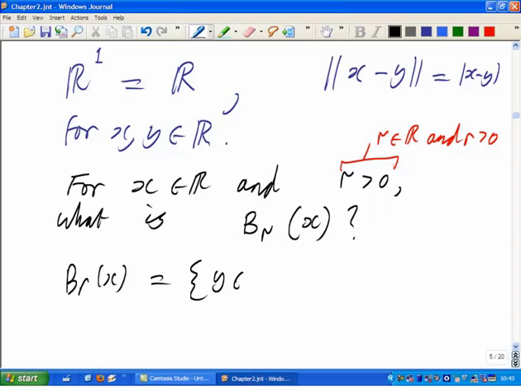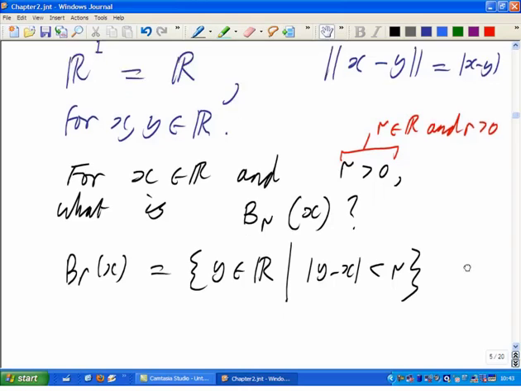So B_r of x is going to be those y in the real numbers here, because that's where we're working, so that, and as I said, norm comes out as modulus, so it's modulus of y minus x is smaller than r. If you think about it, that's those points that are strictly within r of x.